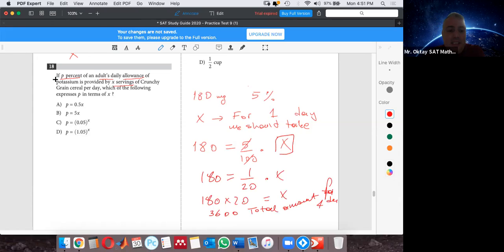Now it says that if P% of an adult's daily allowance of potassium is provided by X servings, P% of this number is provided by X servings, which of the following is expressed by this?